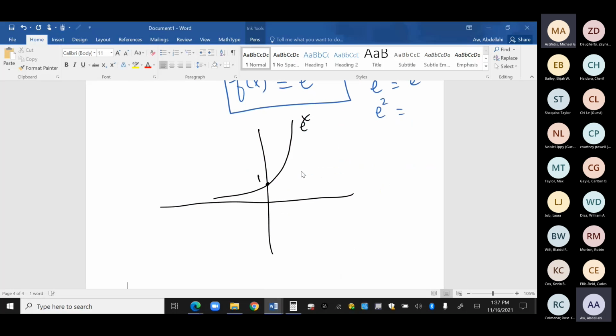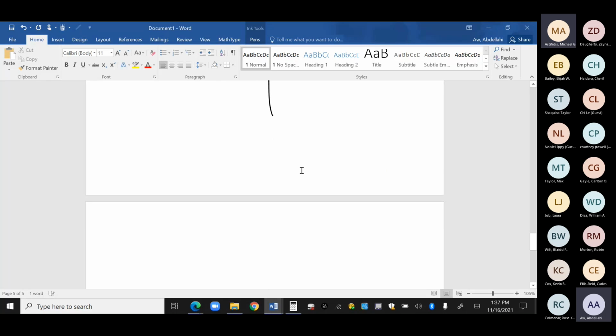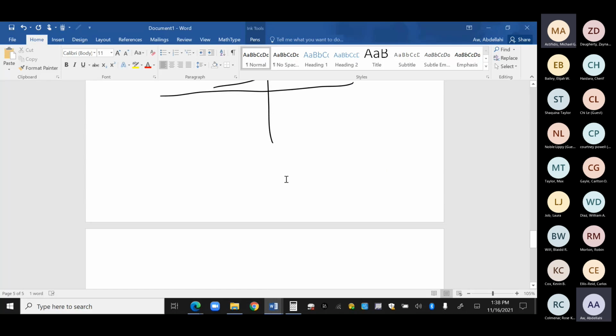For any exponential function, what is the domain of any exponential function? It is negative infinity, infinity. So the domain of any exponential function a^x is negative infinity, infinity.